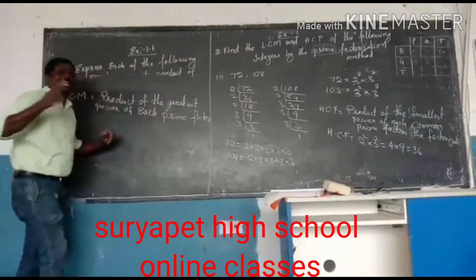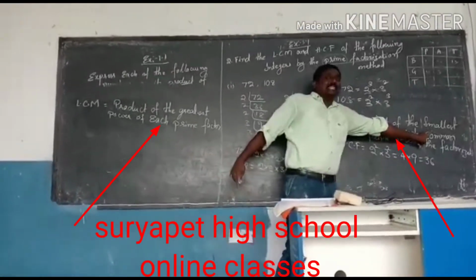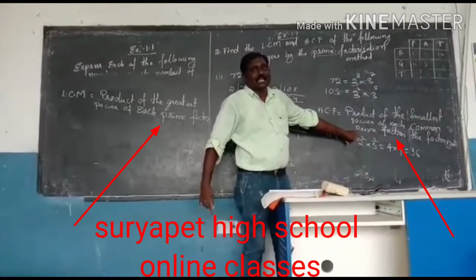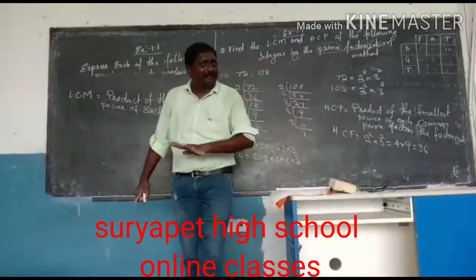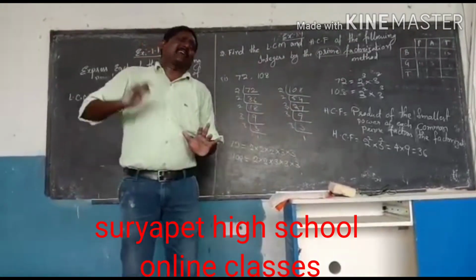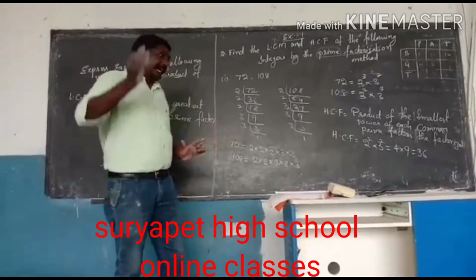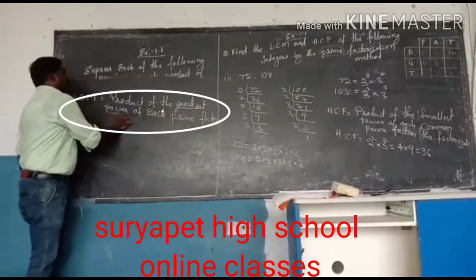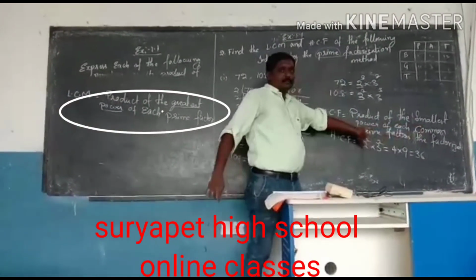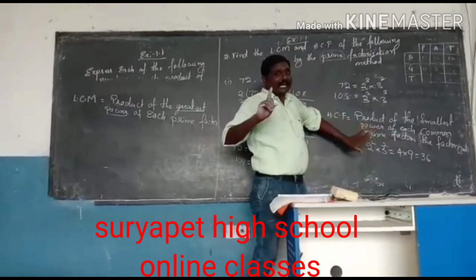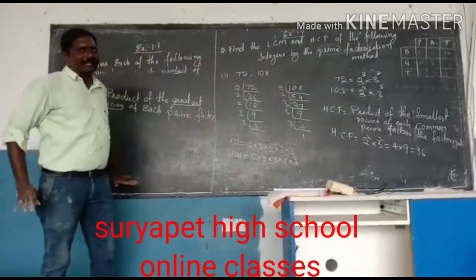Why am I stressing this clearly? In the HCF we want to take only common prime factors, but in the LCM there is no need for common. Each and every prime factor we want to take, and in that, the greatest power. There is a lot of difference from the HCF: only common for HCF, for LCM each and every prime factor.